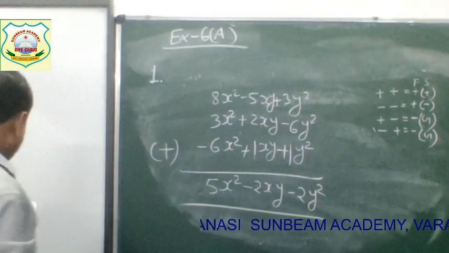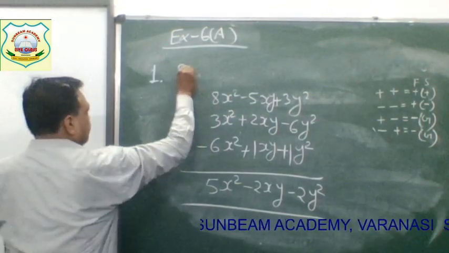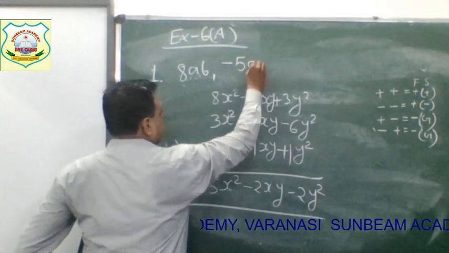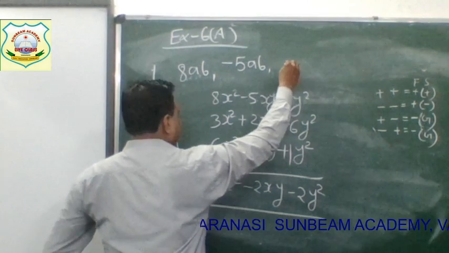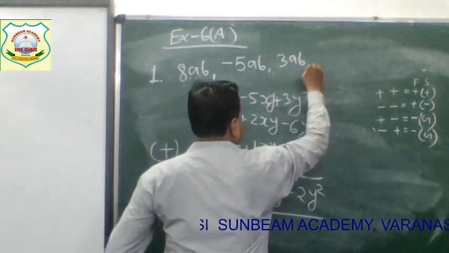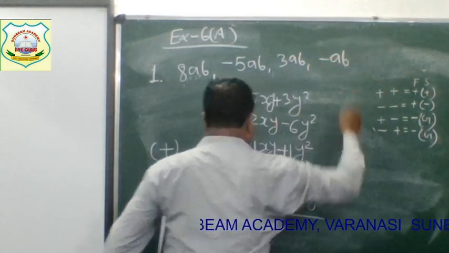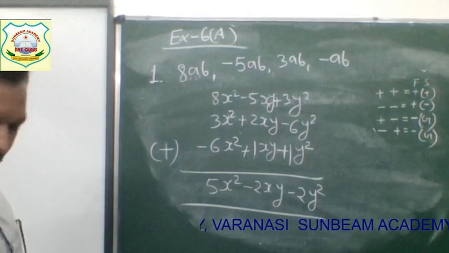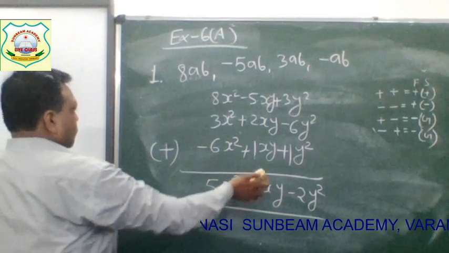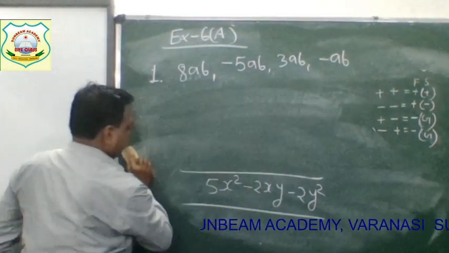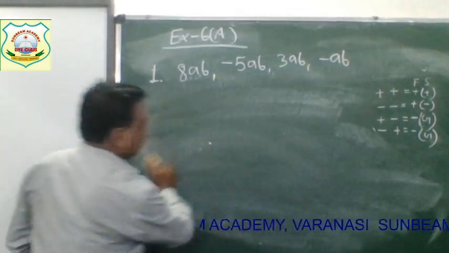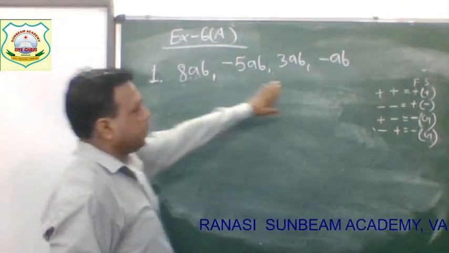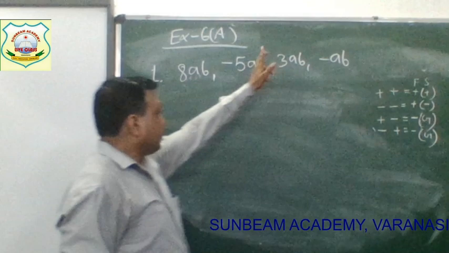The question is given: 8ab minus 5ab, 3ab and minus ab, also we can say minus 1ab. Hope everyone noted. 8ab minus 5ab, 3ab and minus 1ab. We want to add them.